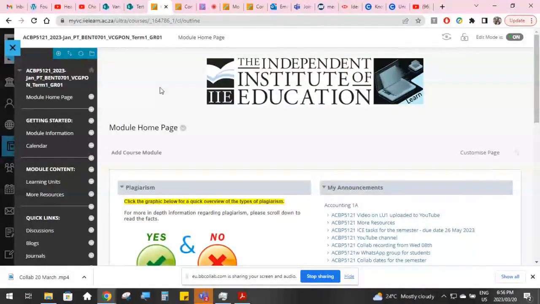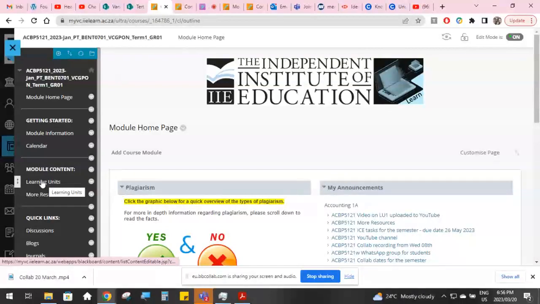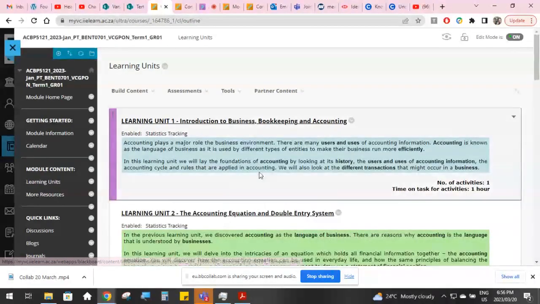So on the screen that you can hopefully see now is your module screen. So on your module, where you go to your learning units, you then get this screen. It might look slightly different on the tutors mode. Your mode might look slightly different.